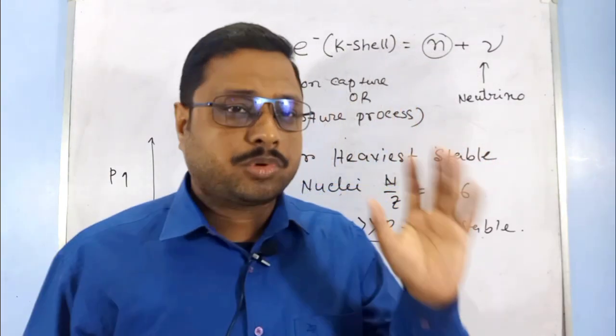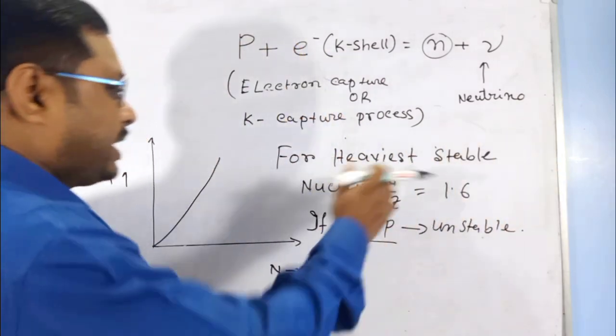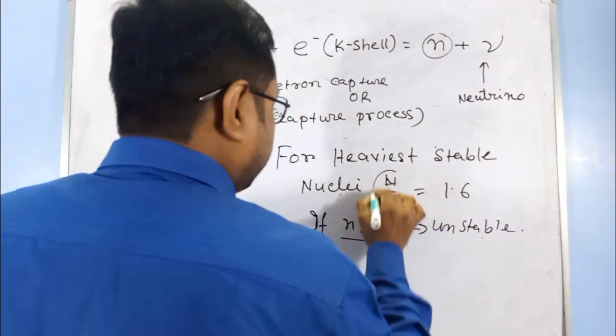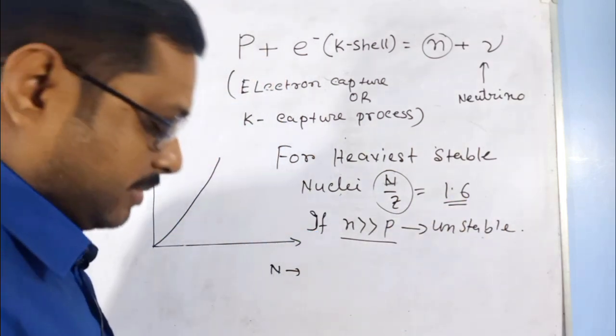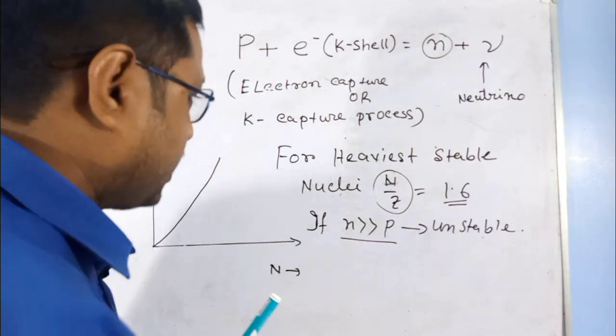The neutron to proton ratio for lighter nuclei is 1, and for heavier nuclei 1.5 to 1.6, it becomes stable, otherwise it becomes unstable.